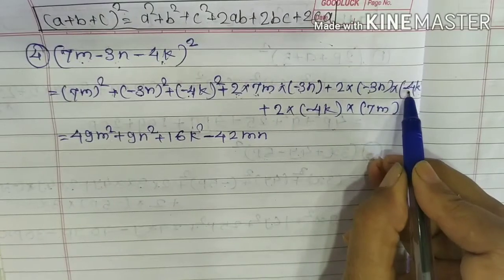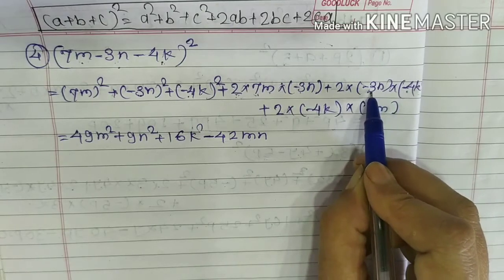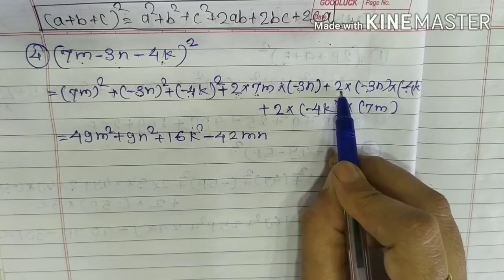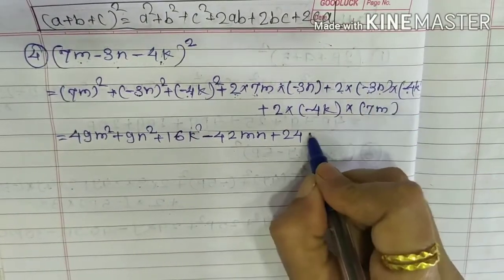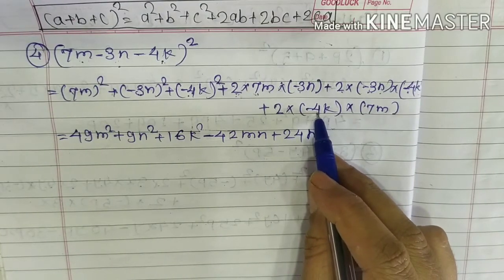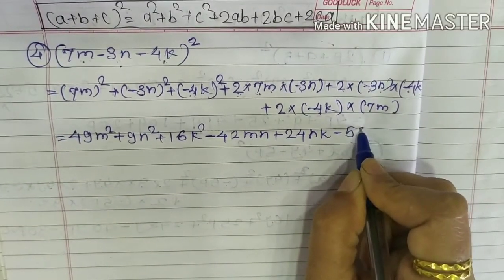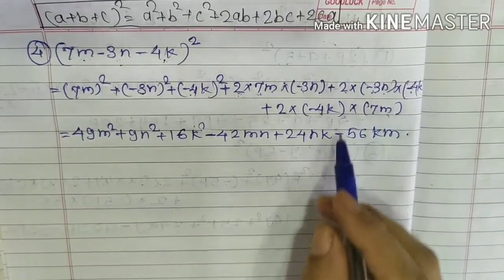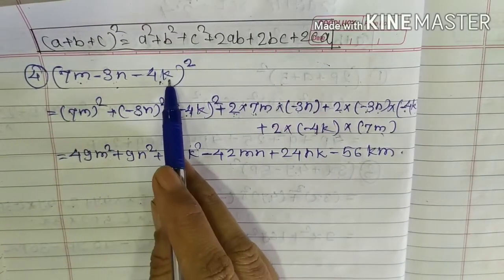Again here is a minus sign, hence minus 4 into minus 3, 12, plus 12 into 2, that is plus 24nk. Here 2 into minus 4, that is 8, and into 7, that is minus 56km. So by using this formula, we expand the given example.